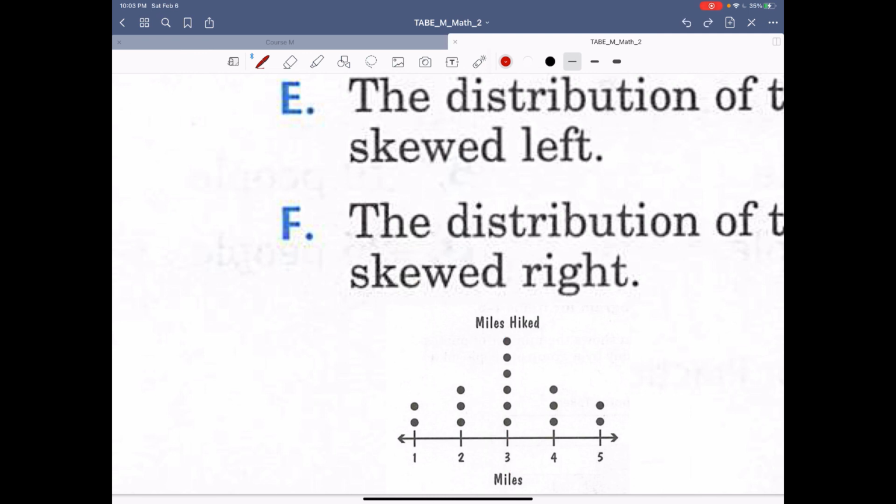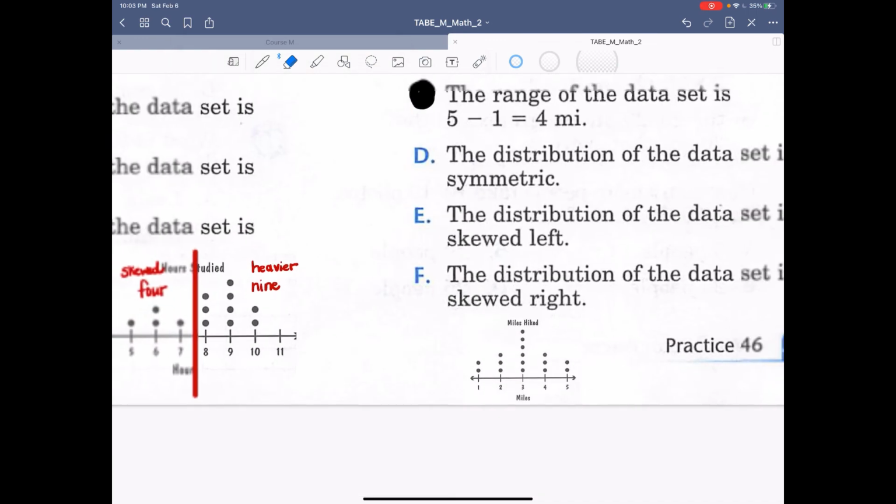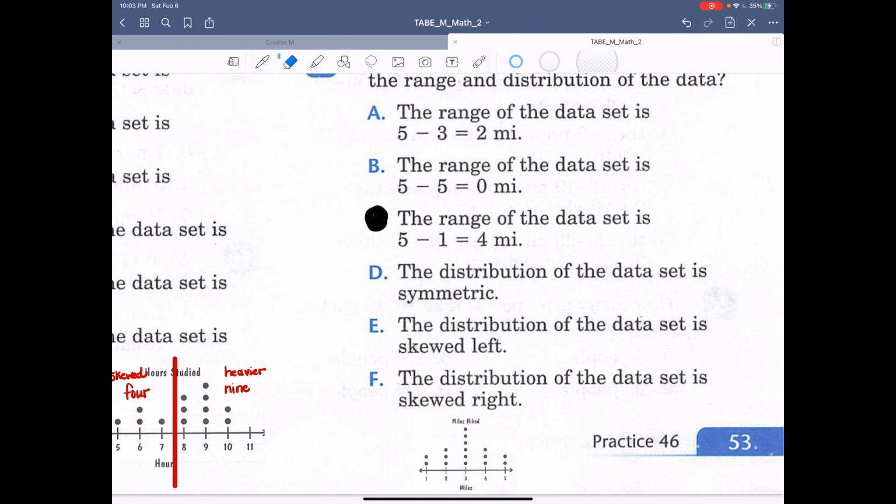That's called symmetry or symmetric. It is a 6, 3, and 2. That is symmetric. So when we go to pick the distribution on this one, we want to say it is not skewed. It is symmetric. So I like C and D for this one.